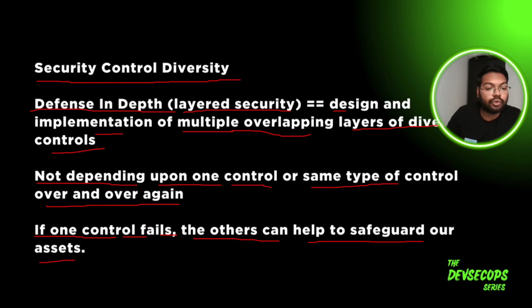Even if you have a bank, a physical bank I'm talking about, and you have some security personnel on the inside, and some of them are on the gate. If the people on the gate are attacked by a few people, and that security gate is breached, they now enter the premises.